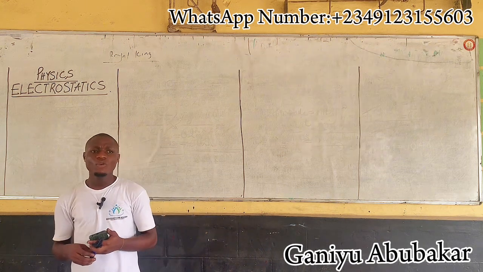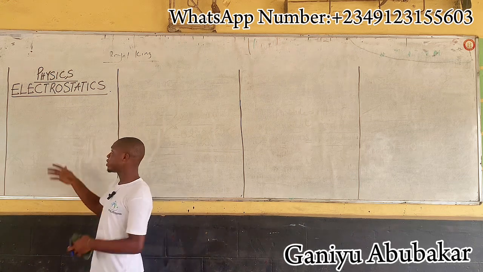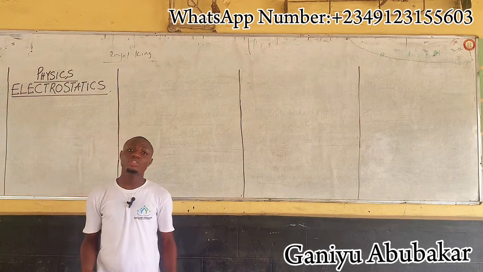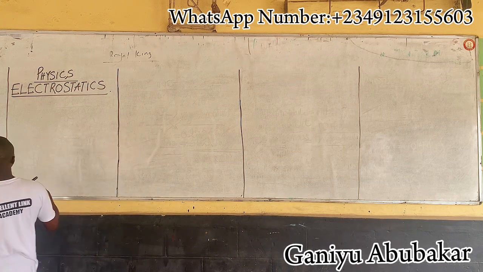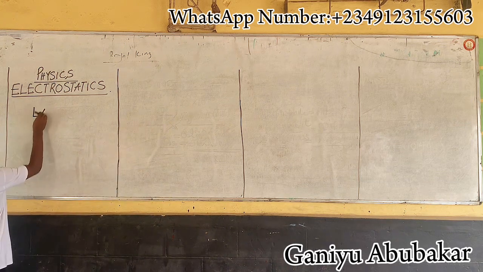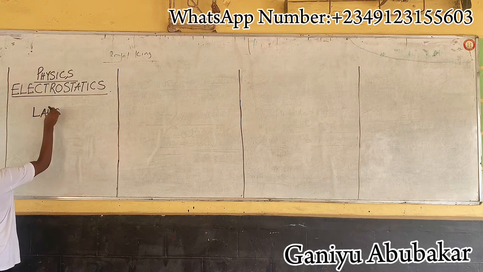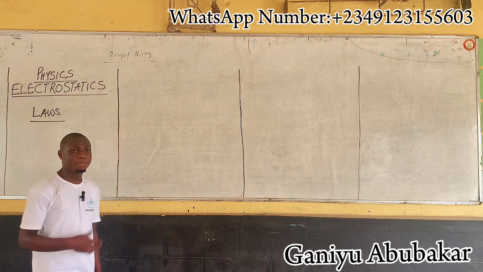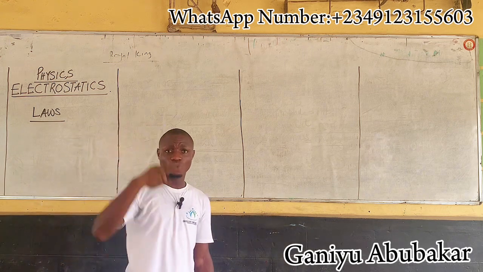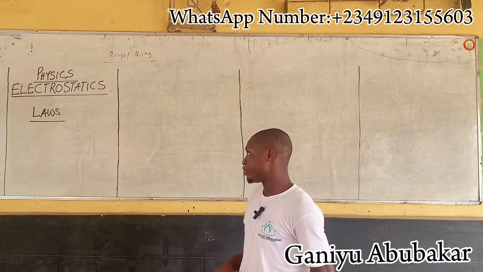At this point, when it comes to the concept of electrostatics, there are laws that govern these concepts. Let's look at some of the laws of electrostatics. Basically, there are just two laws behind electrostatics.